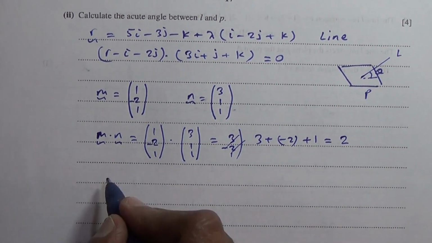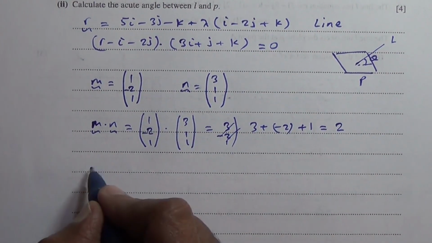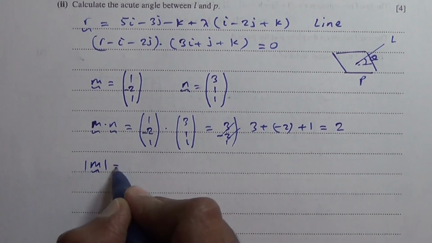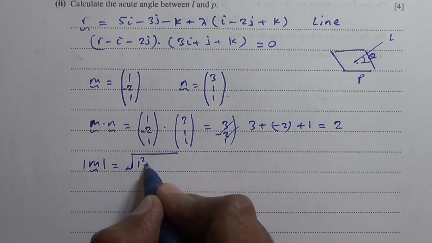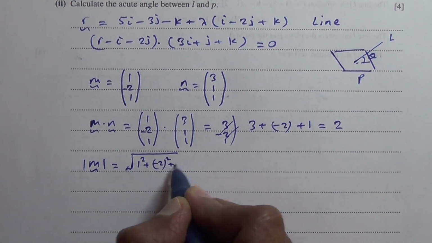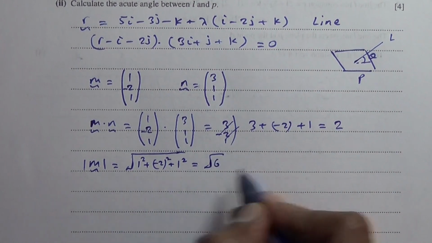Okay, good. Now we are going to find the magnitude of these direction vectors. The magnitude of m is going to equal the square root of 1 squared plus minus 2 squared plus 1 squared. 4 plus 1 plus 1 is 6, square root of 6.